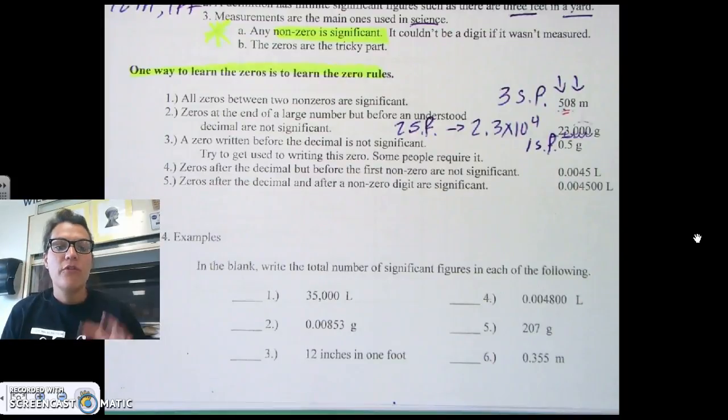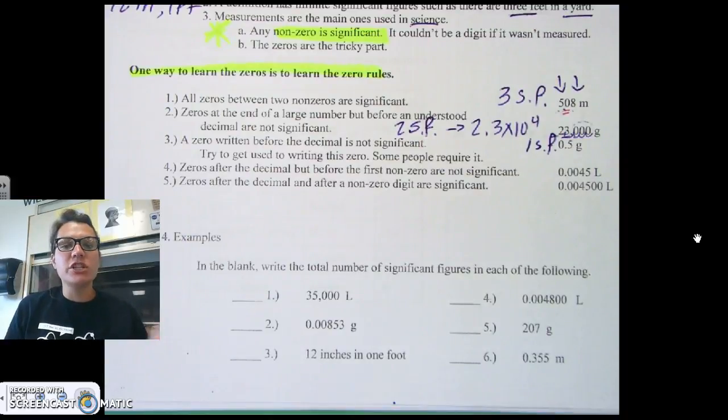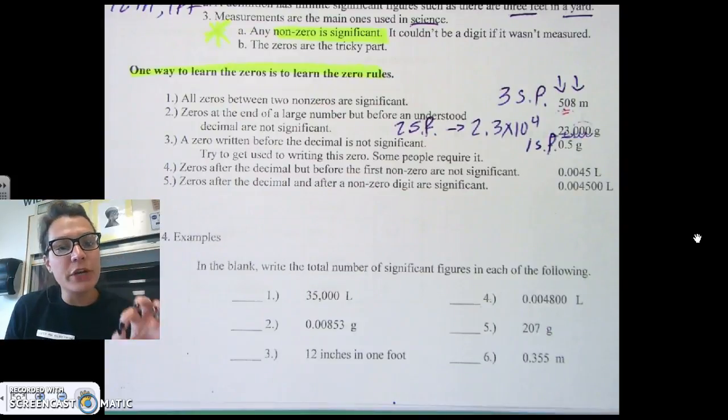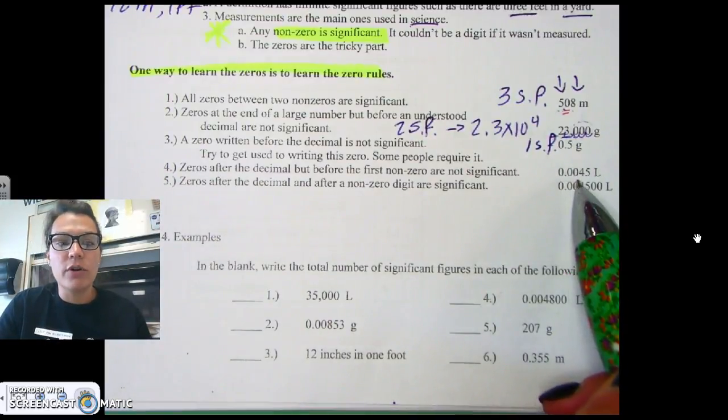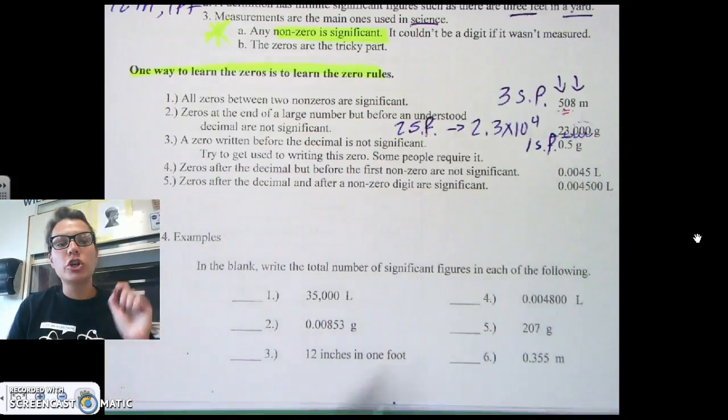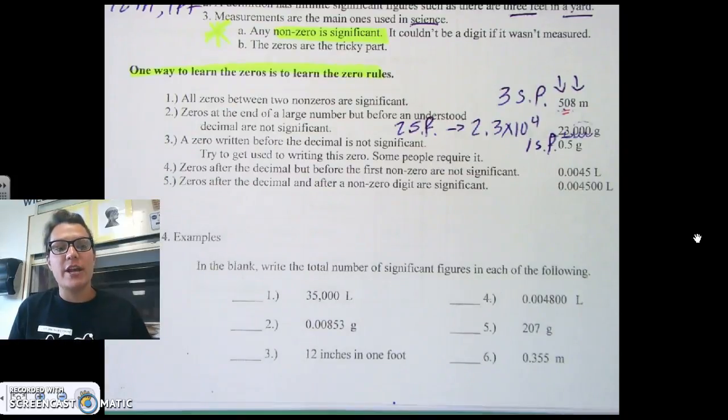Okay? Fourth zero rule. Zeros after the decimal, but before the first non-zero are not significant. And this is for the same reason that zeros in a big number are not significant. If I was to look at 0.0045 liters, I could turn that into scientific notation and drop off those zeros. So watch.